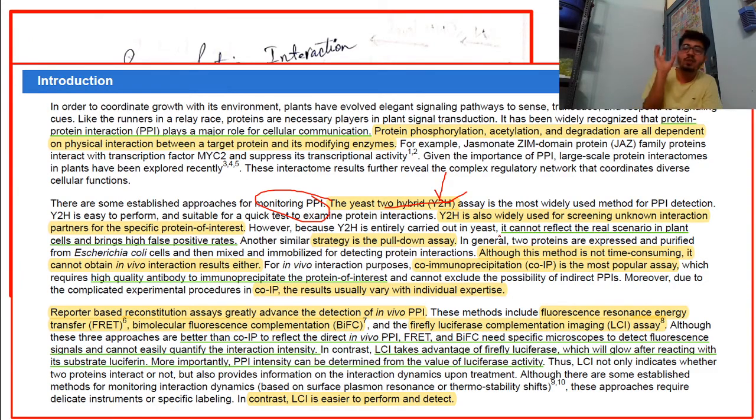In the in vitro study, you are extracting those proteins and putting them into the yeast system, and you just try to know whether these two partners are interacting or not. As in co-immunoprecipitation, co-IP is the most common result usually.